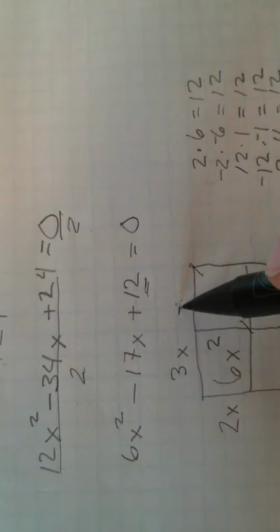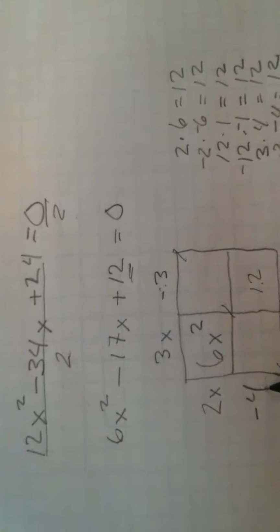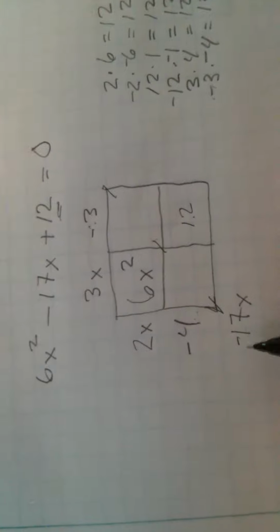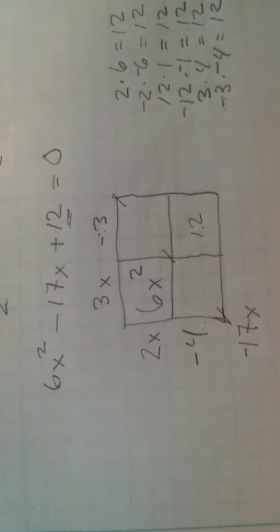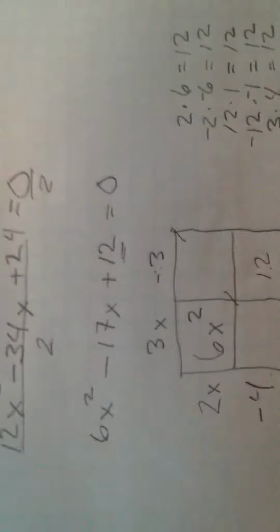And we just have to play with them to see if they work. Okay, let's start from the bottom here, and let's use the -3 and -4. So if I put a -3 here and a -4, and the reason I'm starting with the negatives is because I know this is a -17, so the negative ones are probably what I'm looking for.